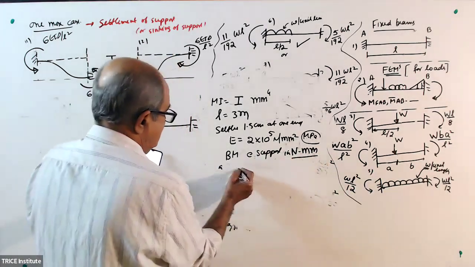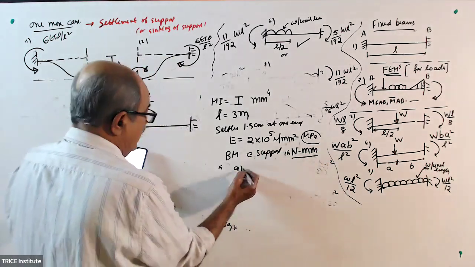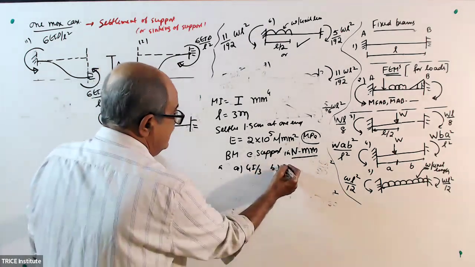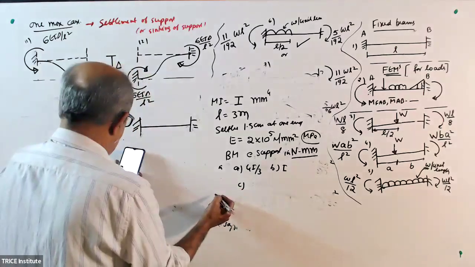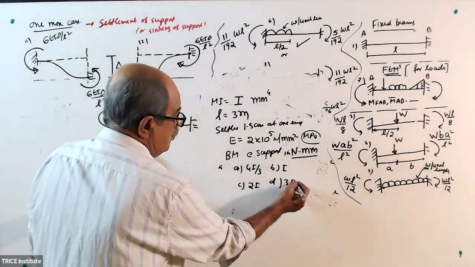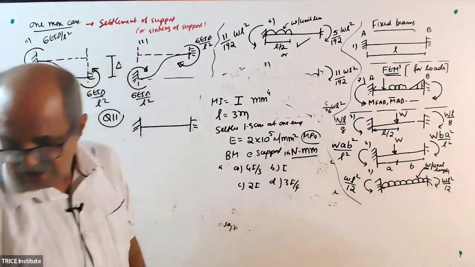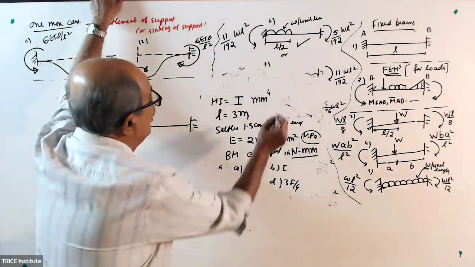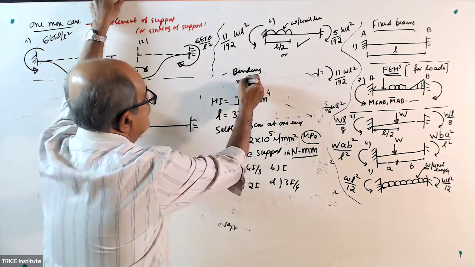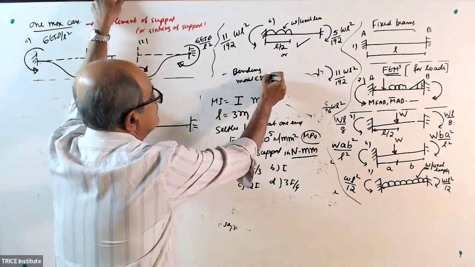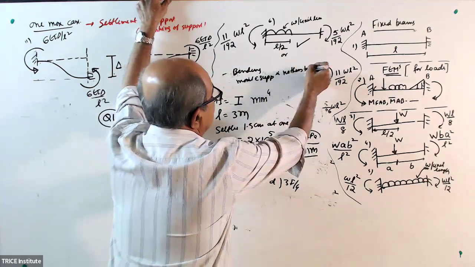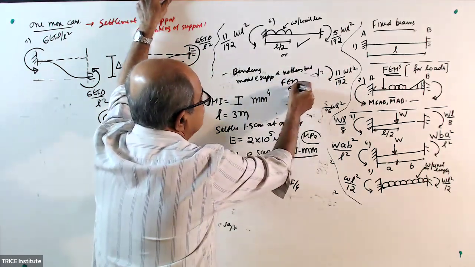A is 4I by 3, B is I, C is 2I, D is 3I by 4. Okay, solve. First of all, make a note: bending moment at support is nothing but fixed end moment at support.